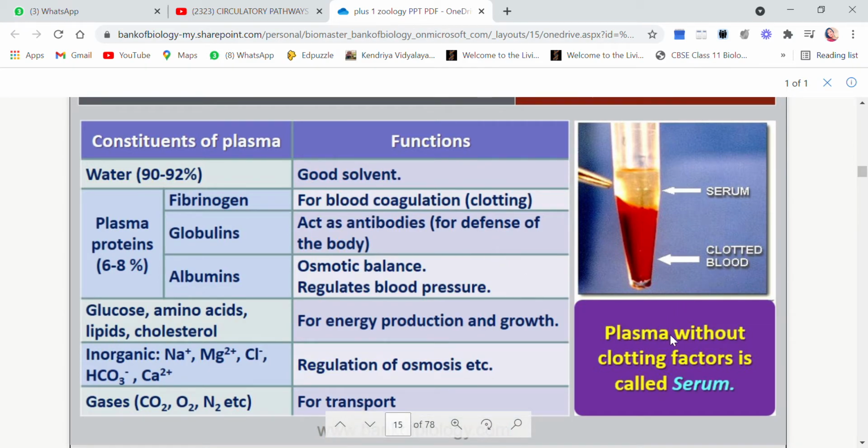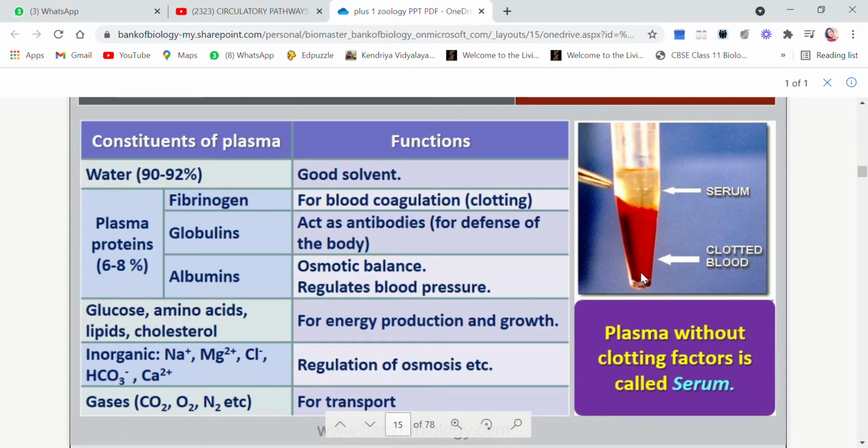Children, consider plasma without clotting factors. If we take out these factors, fibrinogen, from the plasma, then whatever is left behind is called serum. See, the clotted blood has been taken below.